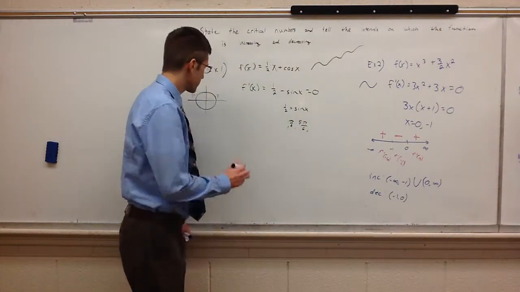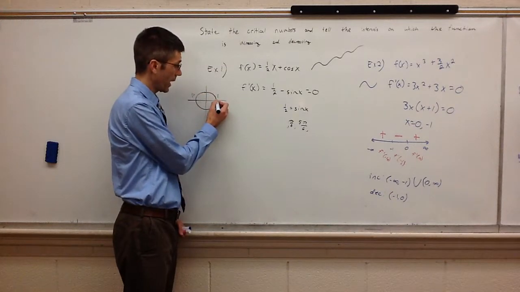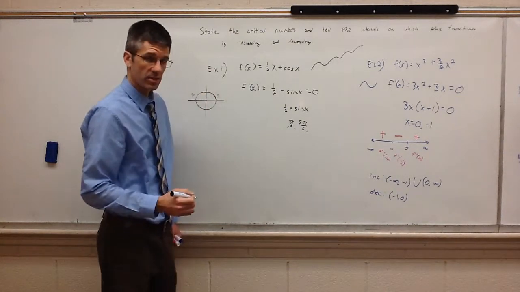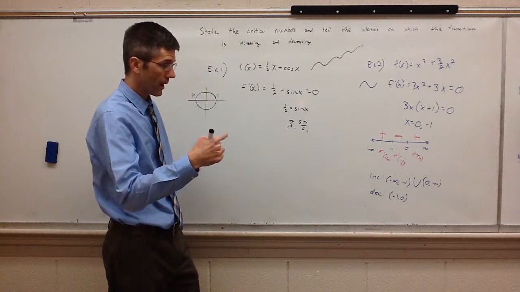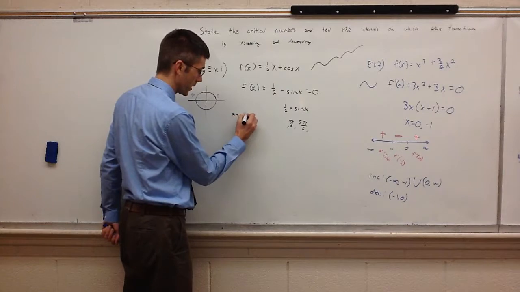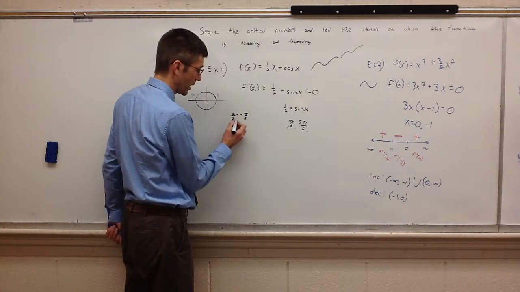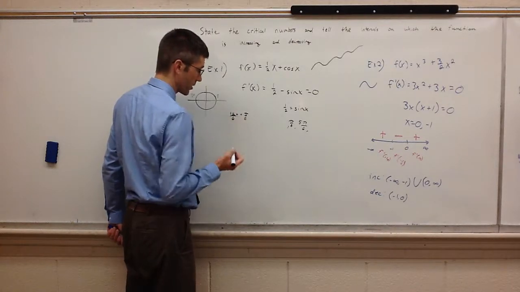Okay. We could go all the way around this circle and reach 2 pi. And then add another pi over 6. 2 pi plus pi over 6. Common denominator would be 6. And then if I had to multiply the denominator here by 6, I'd multiply the numerator by 6.